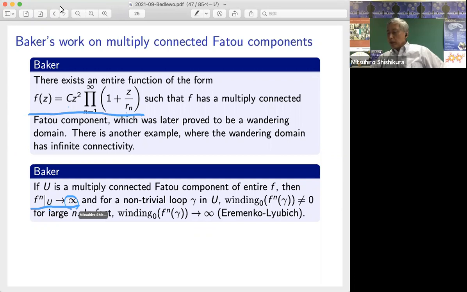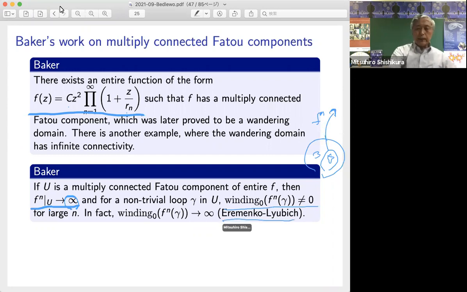And if you take a non-trivial loop in these multiply connected domains, this goes to infinity, and the winding number will be 0 for large n around 0, or whatever finite point it is. And in fact, after you iterate, the winding number actually tends to infinity, which was claimed by Eremenko and Lyubich.